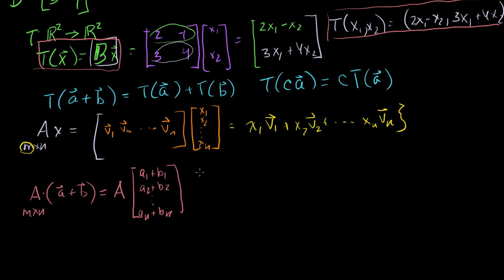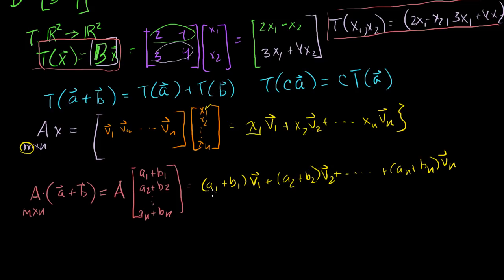Based on what I just told you up here, which we've seen multiple times, this is the same thing as a1 plus b1 times the first column in A, which is that vector right there, v1, plus a2 plus b2 times v2, all the way to plus an plus bn times vn. All I did is replace each xi term with an ai plus bi term.